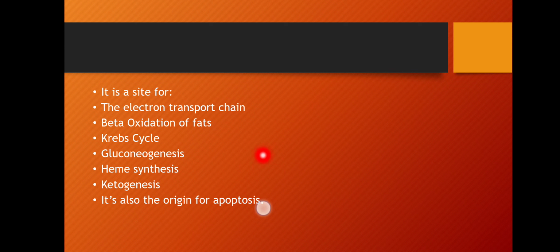That is why we say the mitochondria is the powerhouse, because all these generate power for the body, that is ATP, energy for the body. Most of these processes, with the exception of maybe heme synthesis, involve ATP, either using it up or producing it.